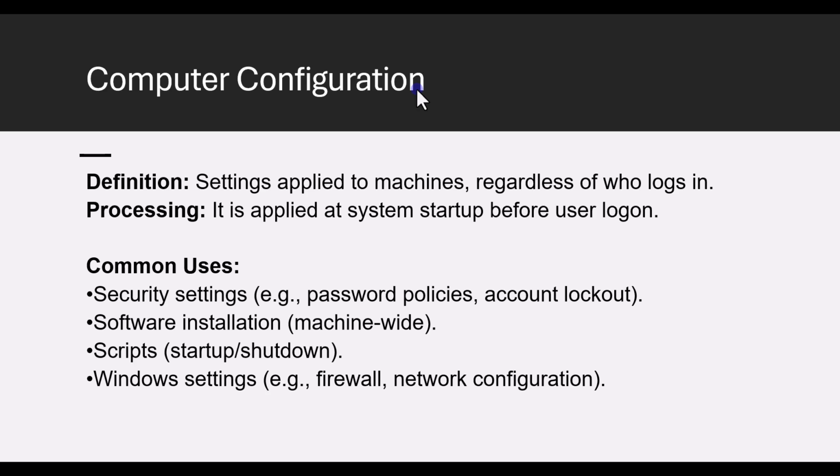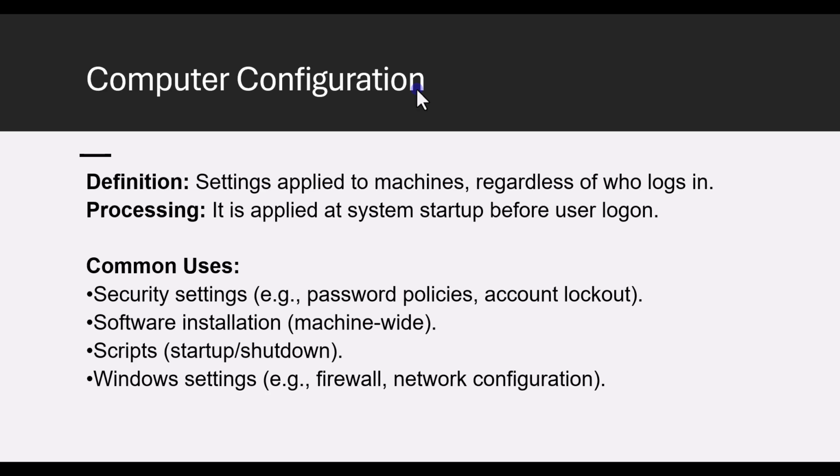They affect the physical machines. So regardless of who will sit behind that computer to log on, that configuration will affect them. These configurations apply to the physical devices on your network. You have to take note of that.